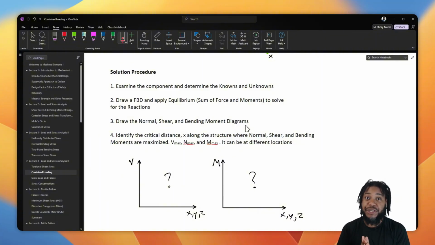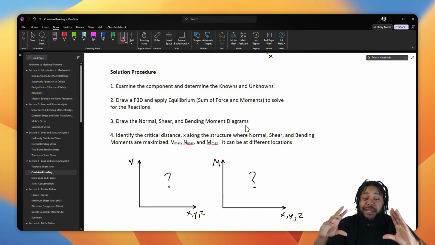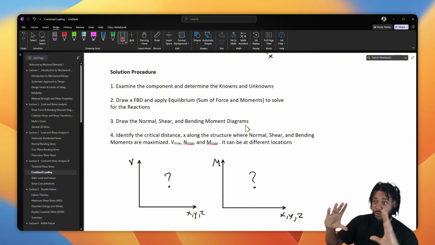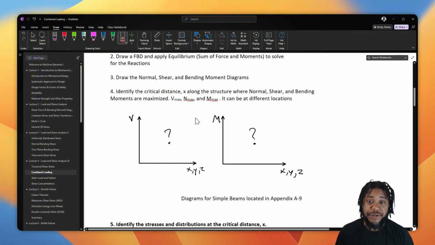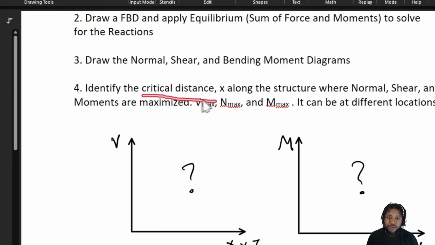But if it's a 3D geometry, we may have shear forces and bending moments that develop on different planes of our geometry, if we're looking at the part from the front, rather than looking at it from the top. So we could actually have sets of these diagrams that we need to find. Now from there, if critical locations are not known, then we'll need to find what are the critical distances.